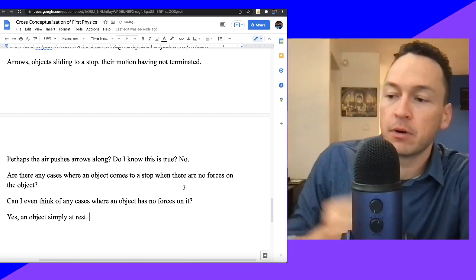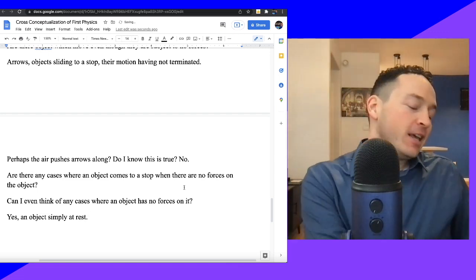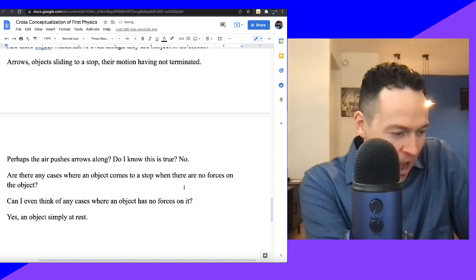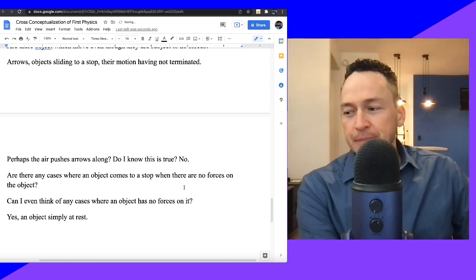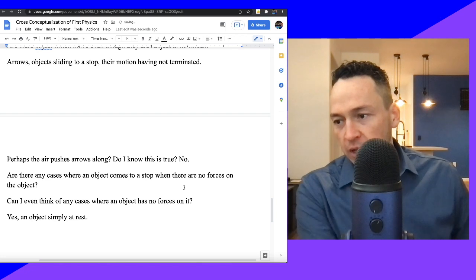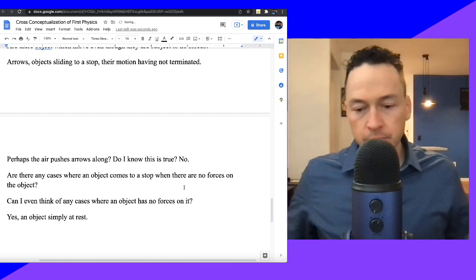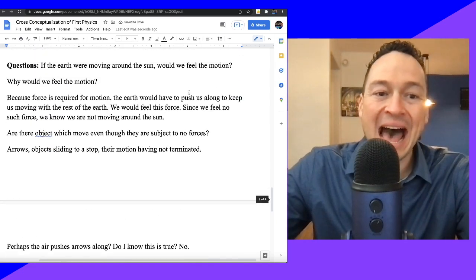There's a force upward. Well, that's kind of interesting. Why doesn't the force... Well, maybe we won't talk about that. The object simply doesn't move when there's no forces. So when there's no forces on an object, it won't move. So maybe we can add that.